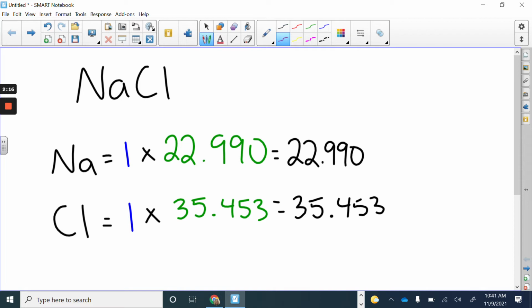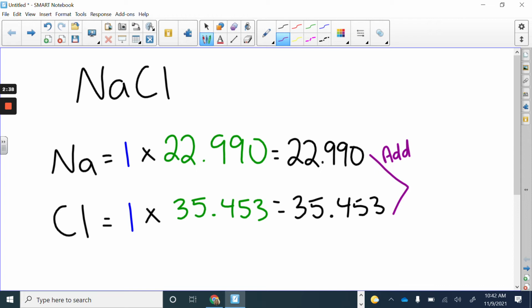So now that we have the mass of each element, we're going to add these together. Sorry, I've got to grab my calculator real quick. I'm not going to have y'all round or anything like that.